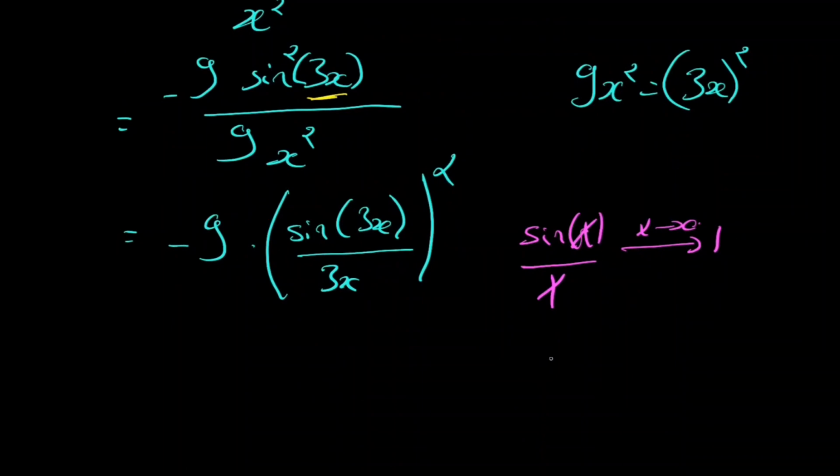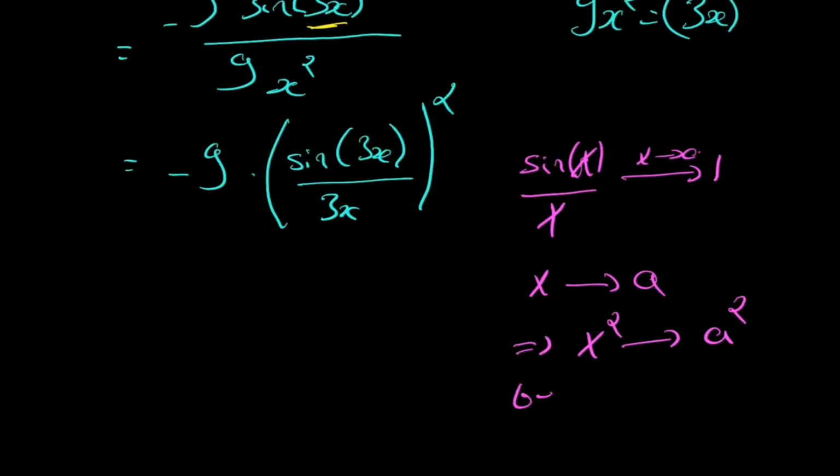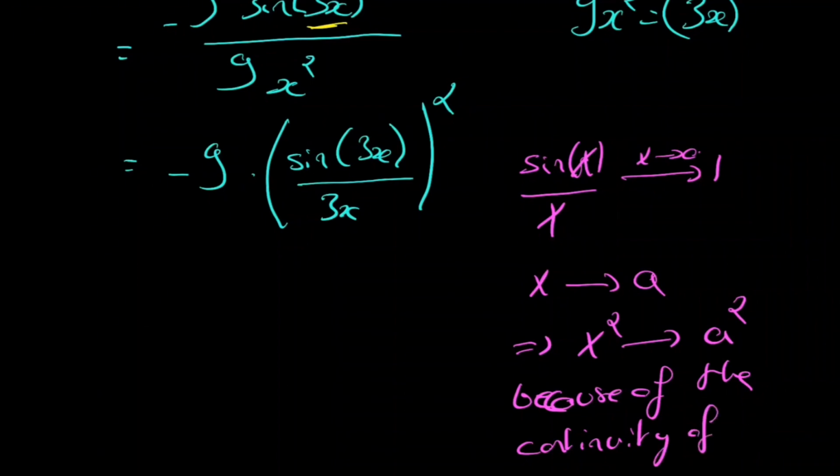and that x tends to some value implies x squared tends to this same value squared, because of the continuity of the function x squared.